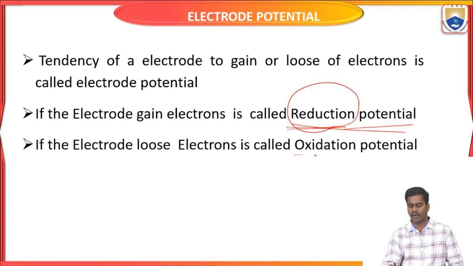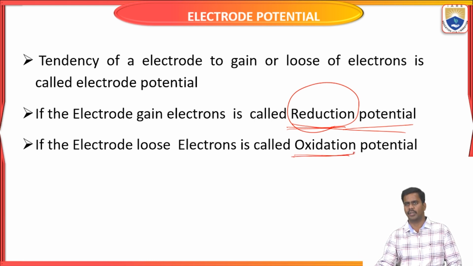Whereas, what is oxidation potential? Usually how can we define oxidation? Addition of oxygen or removal of electrons is known as oxidation. So the tendency of an electrode toward addition of oxygen or removal of electrons is known as oxidation potential.